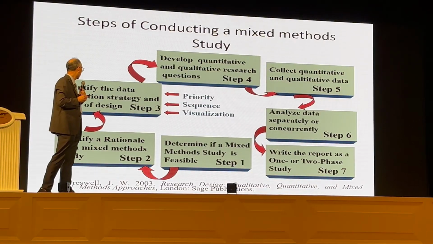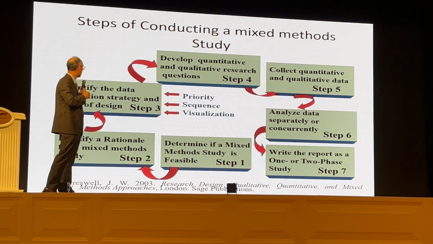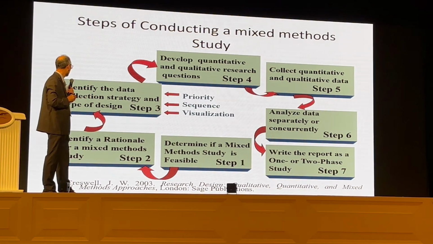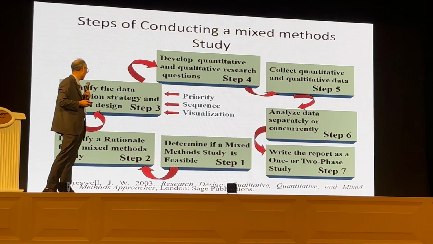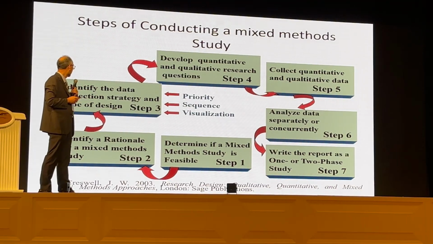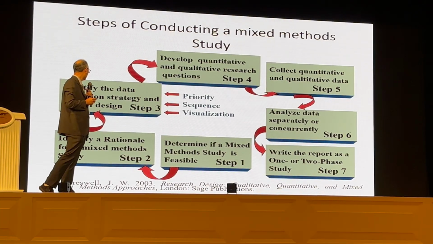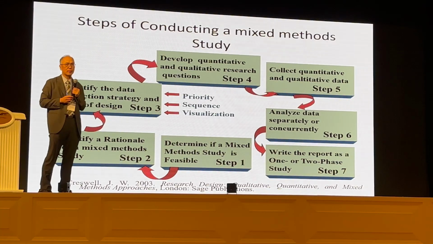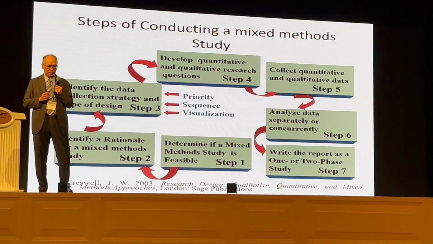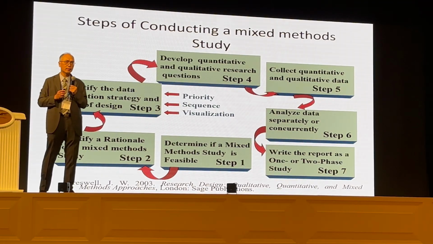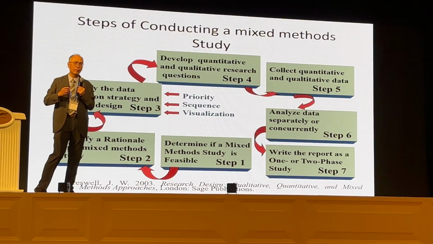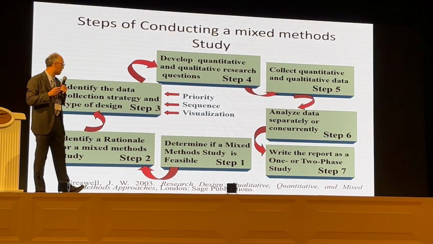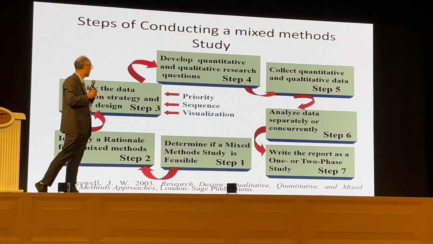But for me, I always like this one, even though it was published in 2003, the research design for mixed method research, qualitative, quantitative, and mixed method approaches, which has 7 steps. I always teach the master's or PhD students this 7 step.